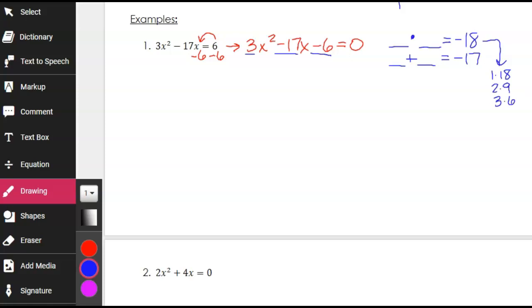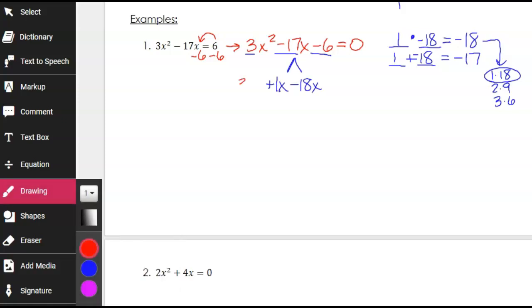If I list out my factors, I notice that these two have the potential to be my magic numbers, but I need to change my sign up. So if I have a negative 17 as the sum, that means the 18, the larger number, needs to have the negative. So this is, instead of a negative 17x, we have plus 1x and minus 18x.